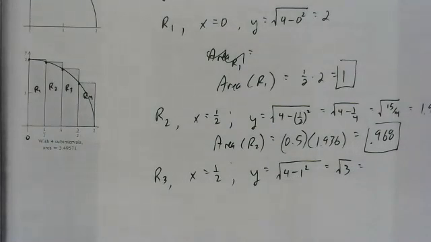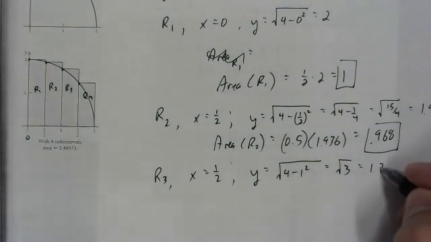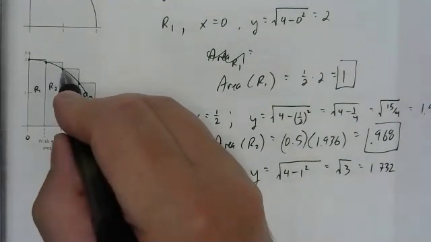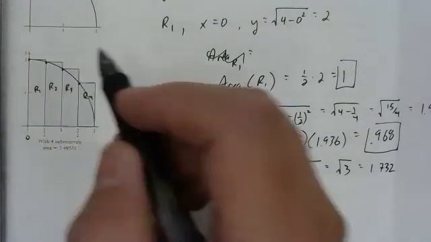On my calculator, square root of 3 is 1.732. That's the height of my third rectangle.